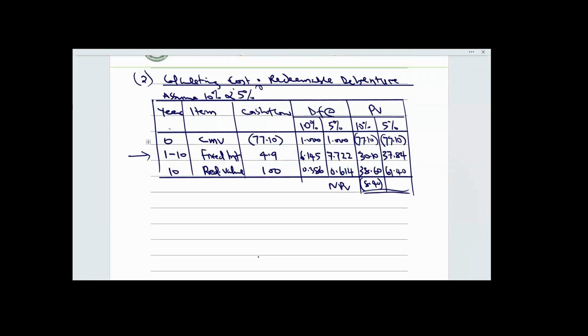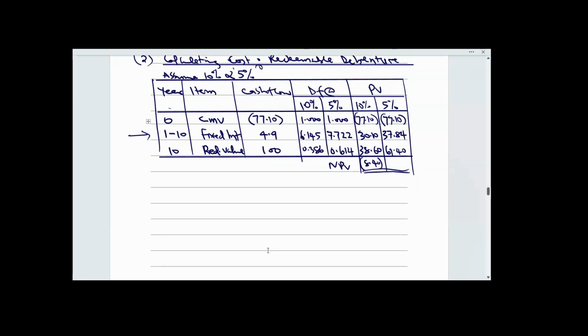So 61.4 plus 37.84 minus 77.10 equals 22.14. So that's the NPV.